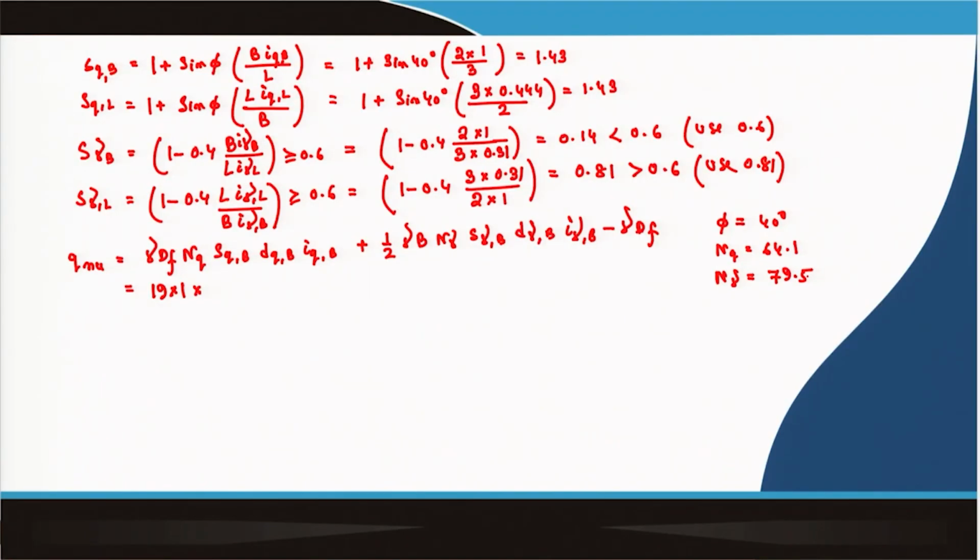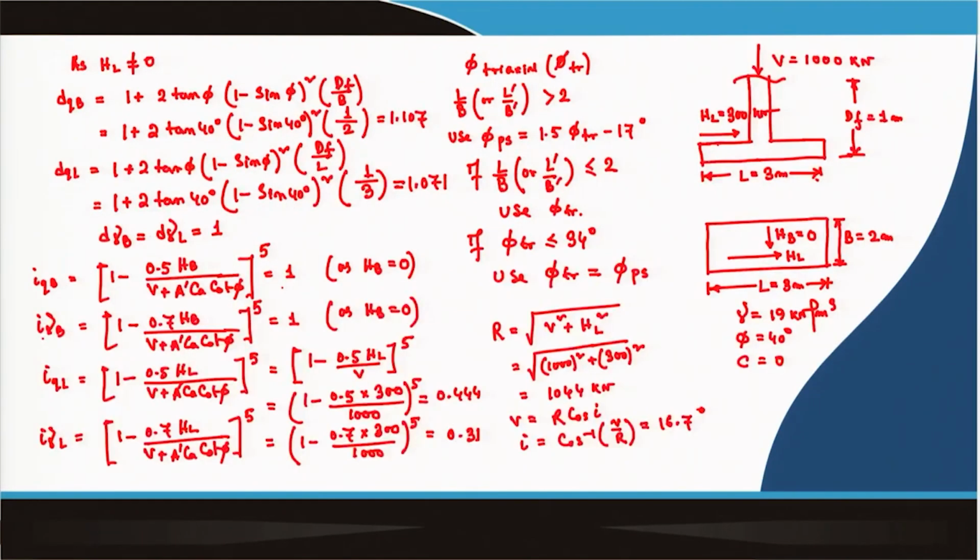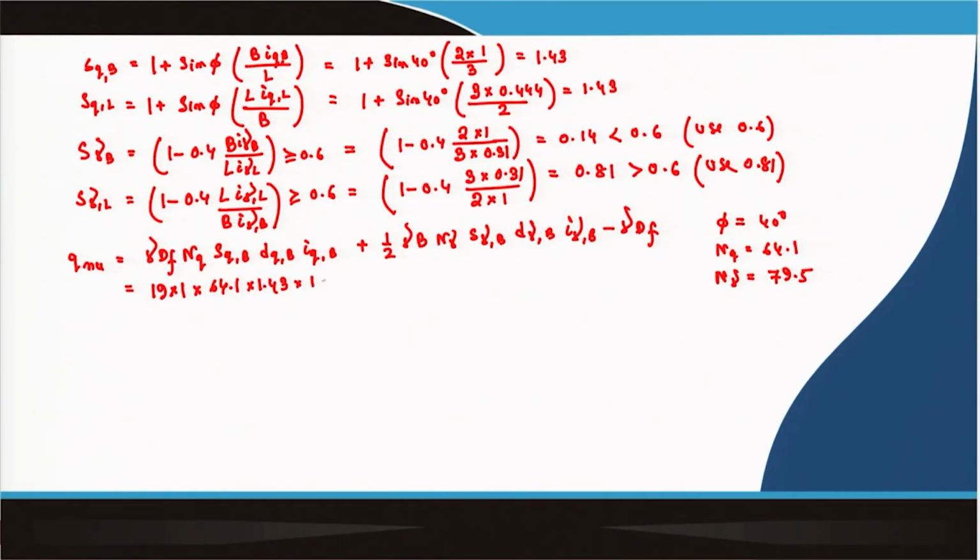79.5. So, this is N_q is 64.1, then S_qB is 1.43, then D_qB is 1.107, then i_qB is equal to 1, then plus half into 19 into B is 2 meter into 79.5, then S gamma B is 0.6.